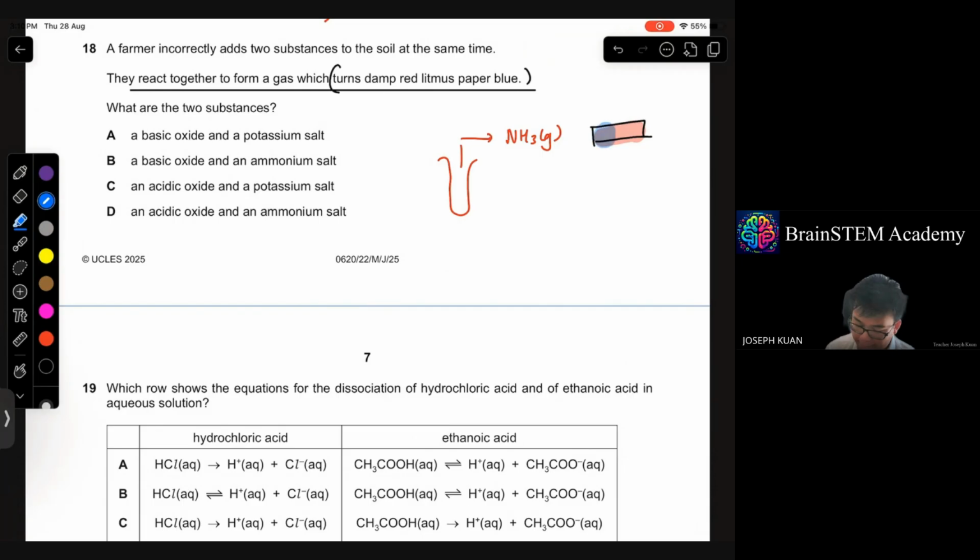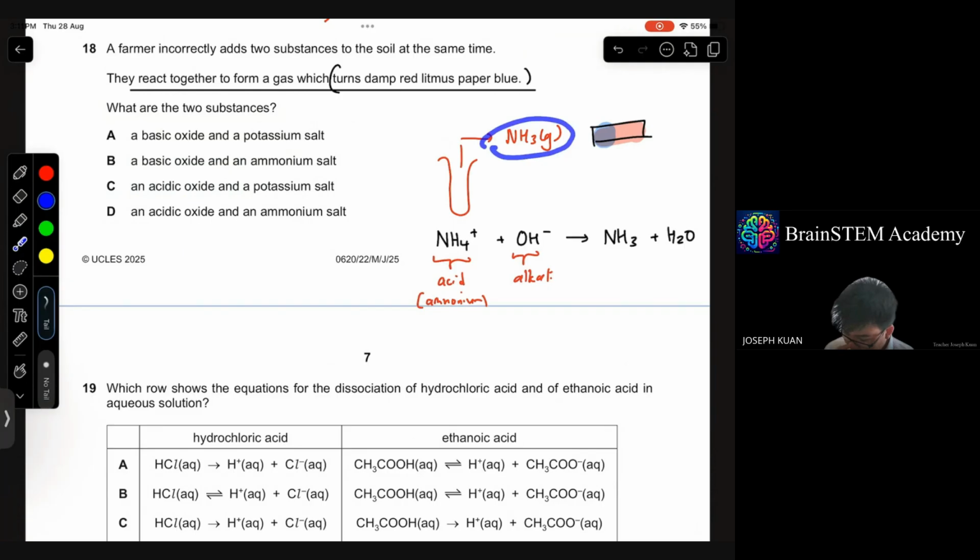In order for this to happen, we need to use ammonium, which reacts with an alkali. This forms ammonia and water. The reason this happens is because ammonium is actually an acid, and an acid reacts with an alkali. So that's how we form ammonia gas.